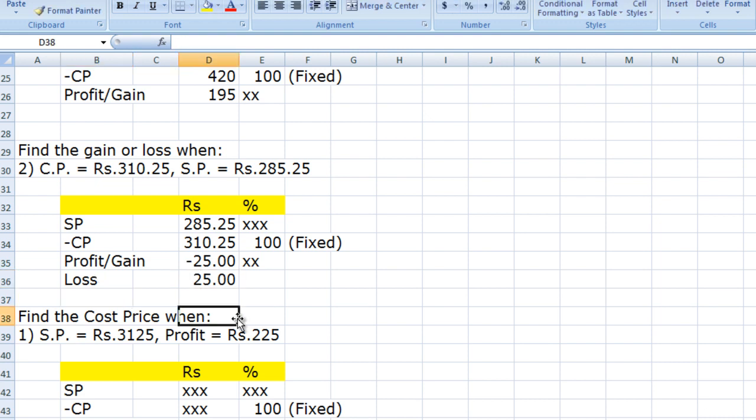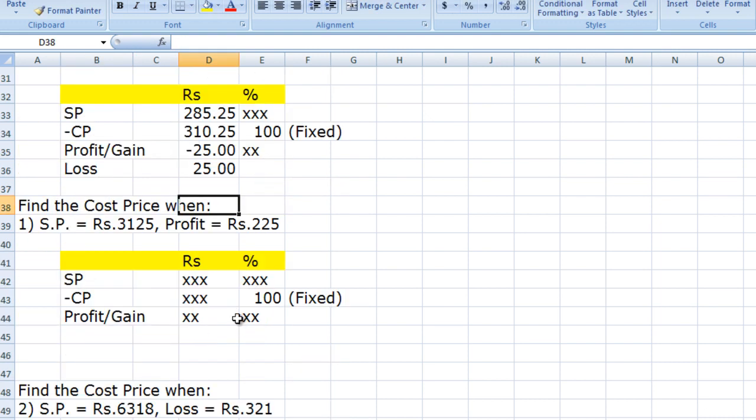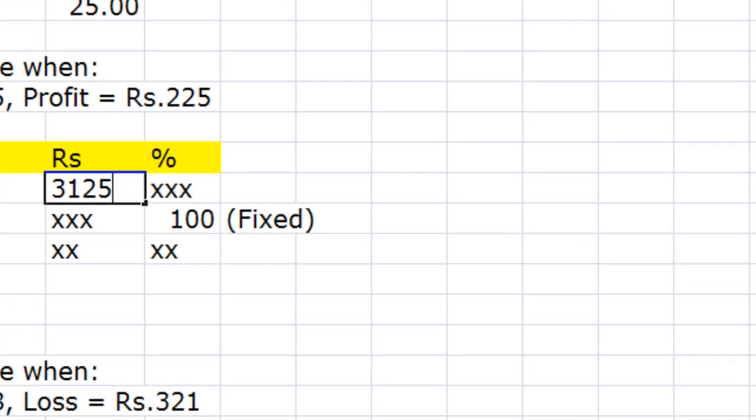Now we are going for the next situation. Find the cost price when SP is equal to 3125 and profit is equal to 225. Here SP is equal to 3125 and we have to calculate the cost price. Profit is 225.